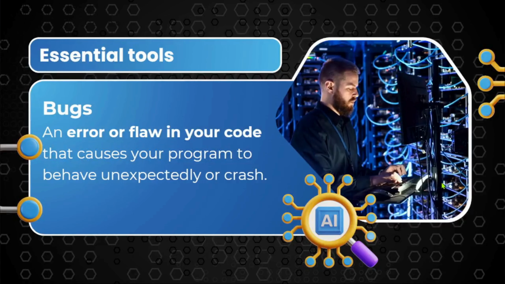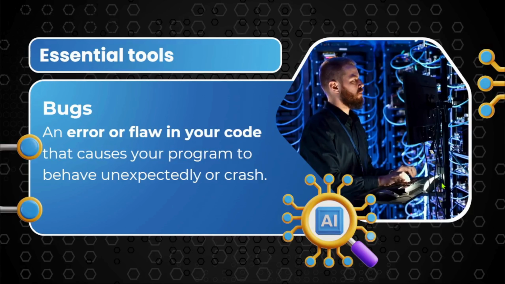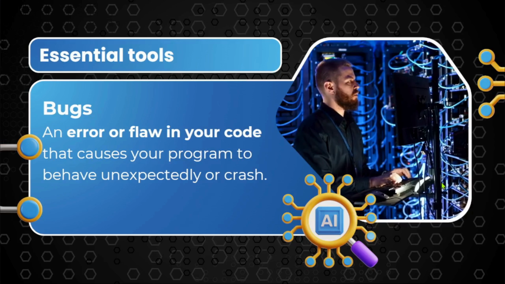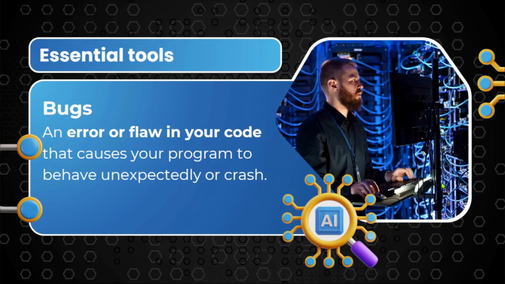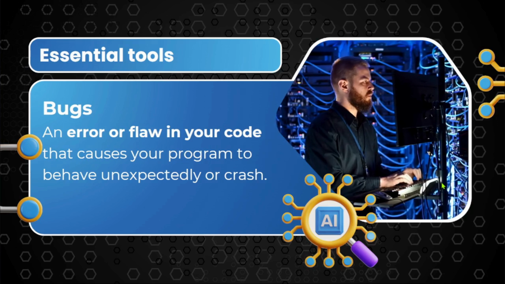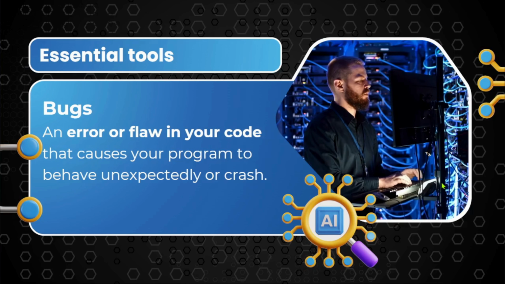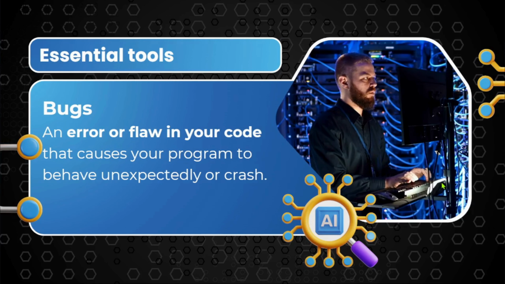Now, let's move on with the bugs. Okay? So, you're following your documentation and suddenly you realize you accidentally typed a number instead of letters. So, your program isn't going to accept it as it wasn't programmed to accept numbers, is it?